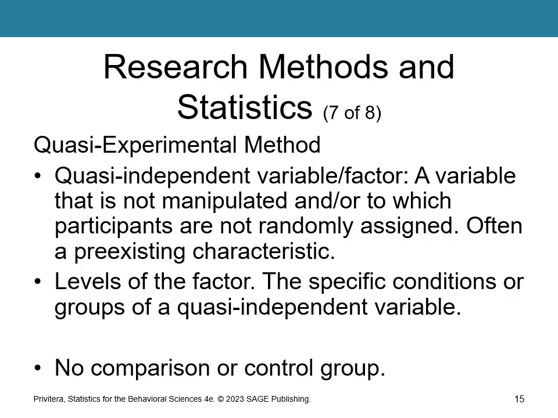These are not characteristics you can randomly assign. For example, if we're comparing multitasking ability between men and women, sex is our quasi-independent variable. It has 2 levels, male and female. We cannot randomly assign people to be male or female. They already are what they are.